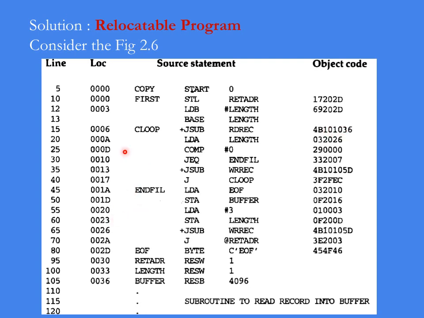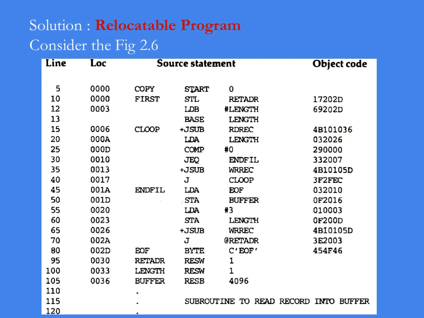But the address should change. If it is loaded from the address 1000, this address should change to 02036, right? Hence that is a problem with format 4 instructions.